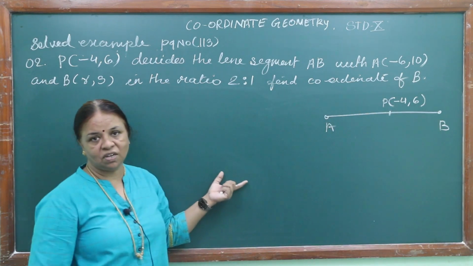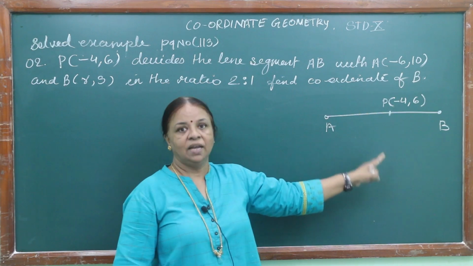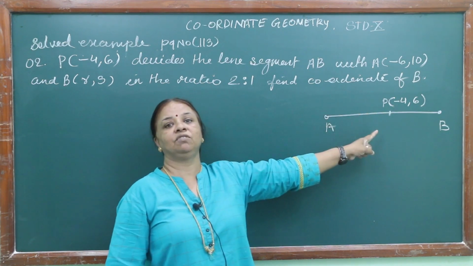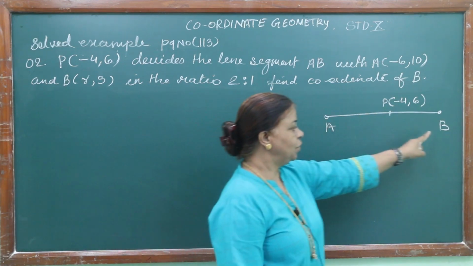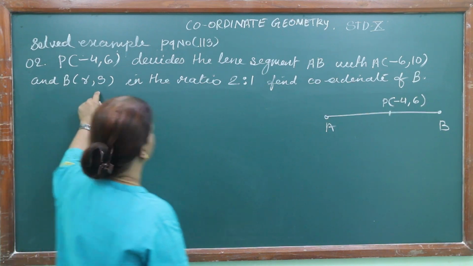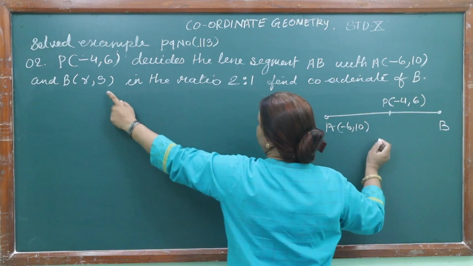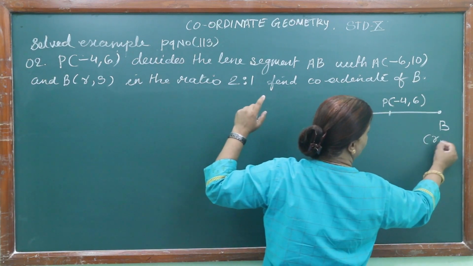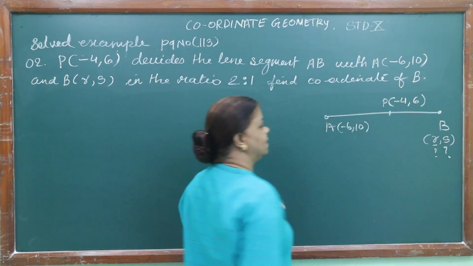In earlier sums we were supposed to find the coordinates of the point which divides the line segment. Now here we are given the coordinates of that point and we need to find the coordinates of the point on the line segment AB. B is the point which we need to find. A is given as minus 6, 10 and B is given as R, S. So we need to find the value of R and the value of S.